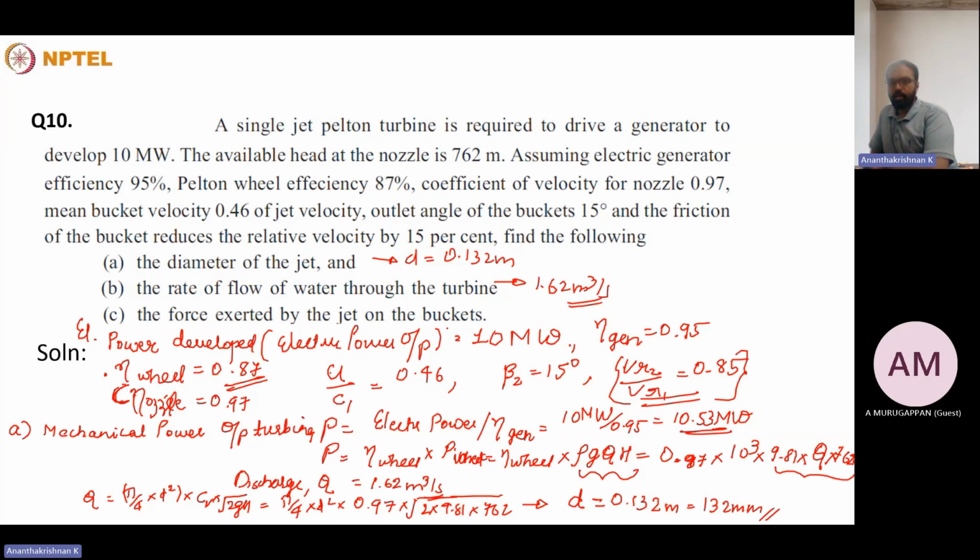That can be represented as the mass flow rate of the fluid multiplied by the change in the relative velocity of the fluid between the inlet and the exit of the bucket or the blade.